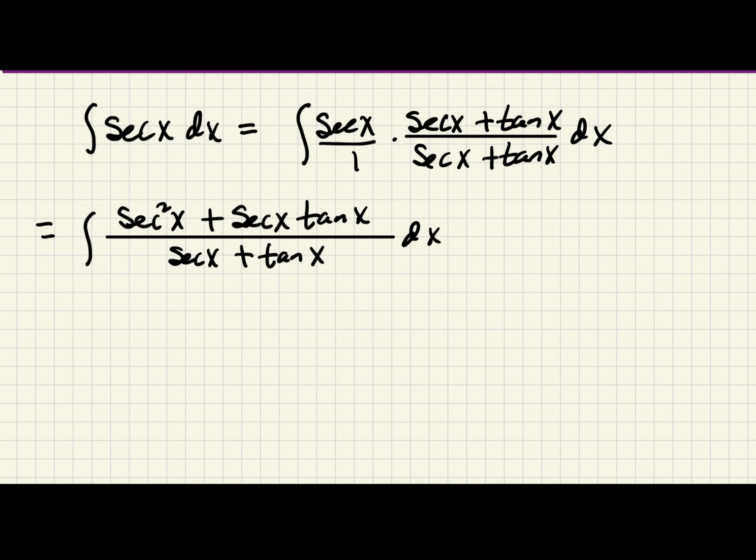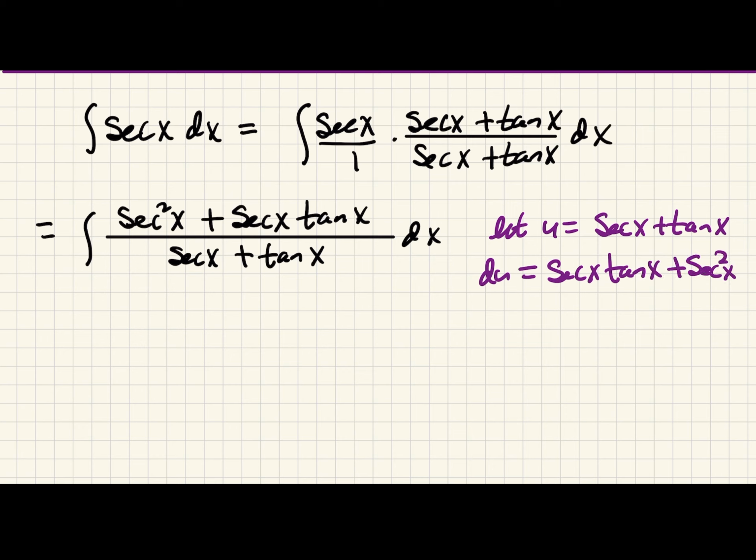Now we can let u be equal to secant x plus tangent x. Then du would be secant x tangent x plus secant square x dx.